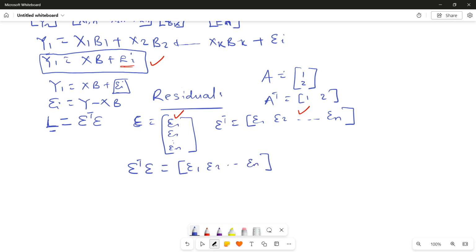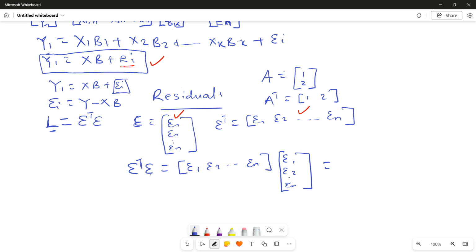We are saying that let this transpose be multiplied by the original vector containing the error terms up to error term n, right?